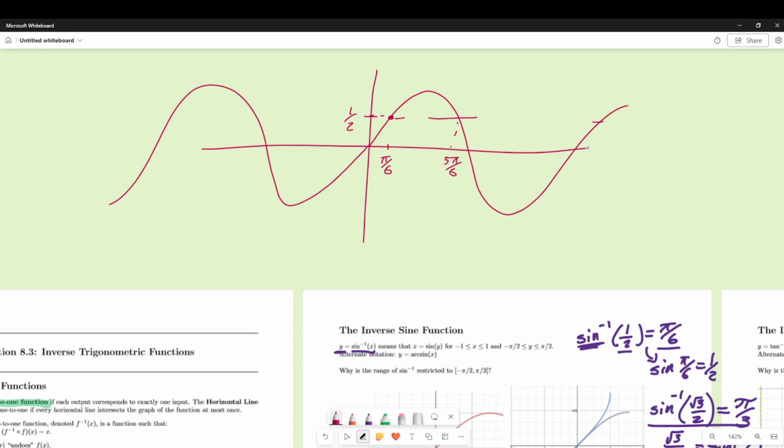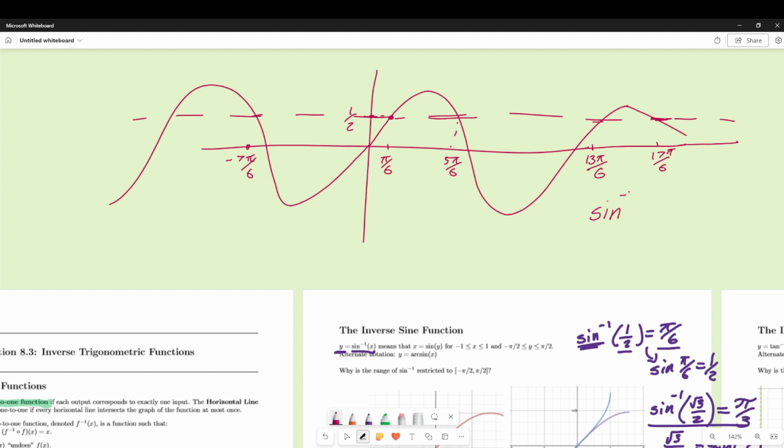And over here at 13 pi over 6. And 17 pi over 6. Also, over here at negative 7 pi over 6. There's really infinitely many places, infinitely many angles, for which the sine of that angle is 1/2.